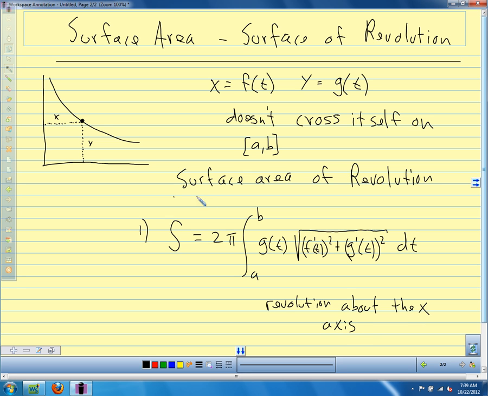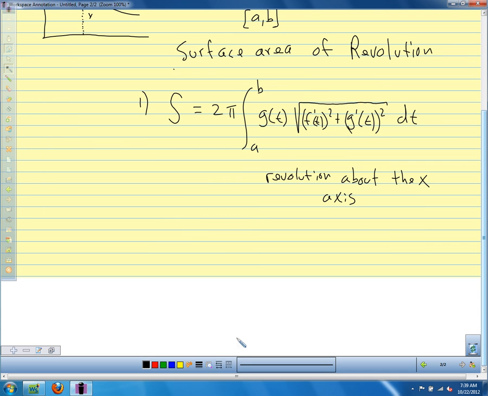So our radius is y, is g of t. The 2 pi accounts for the fact that we're revolving around in a circle. And the square root of f prime squared plus g prime squared dt is our little piece of arc length. So we're taking that and summing it over our interval as we revolve around the x-axis.